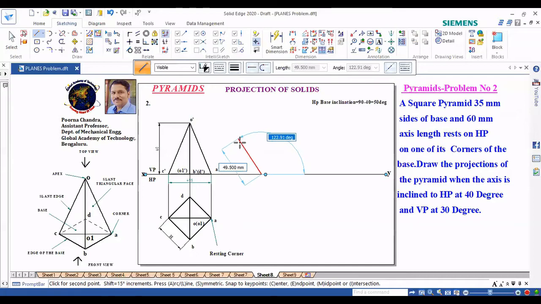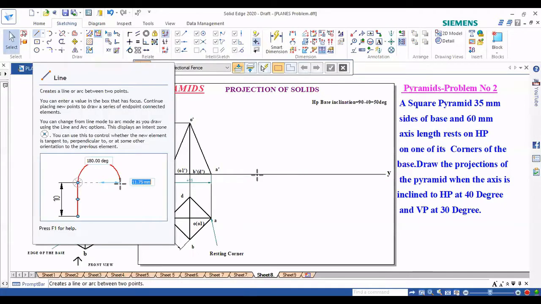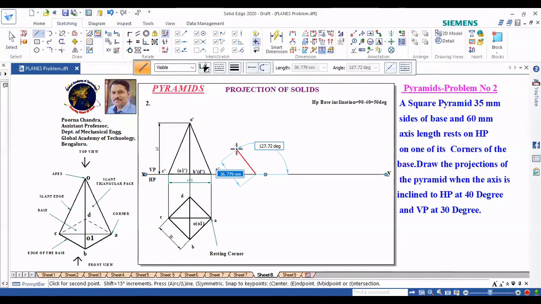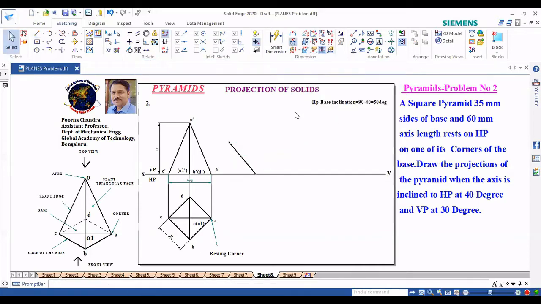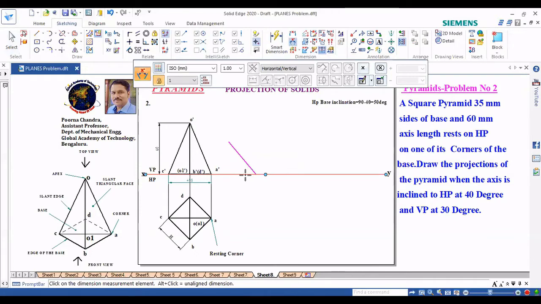So here, 50 means it is actually 180 minus 50, right? So we shall do that. So this length of 49.5, enter. So angle is 180 minus 50, right? So now if you check this angle here to here, this should be 50 for us, right?